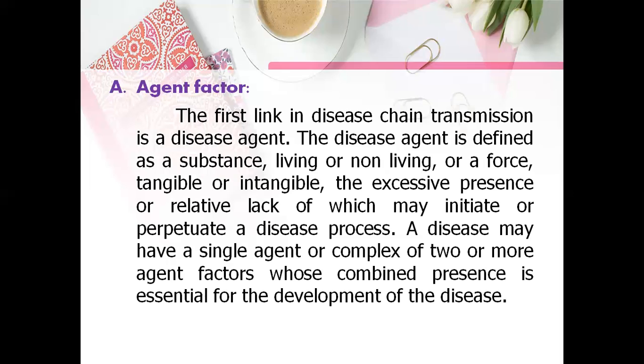A disease may have a single agent, or it can be caused by multiple agents which combine together to cause a disease. To understand this more clearly, I have given a table classification of the agent.